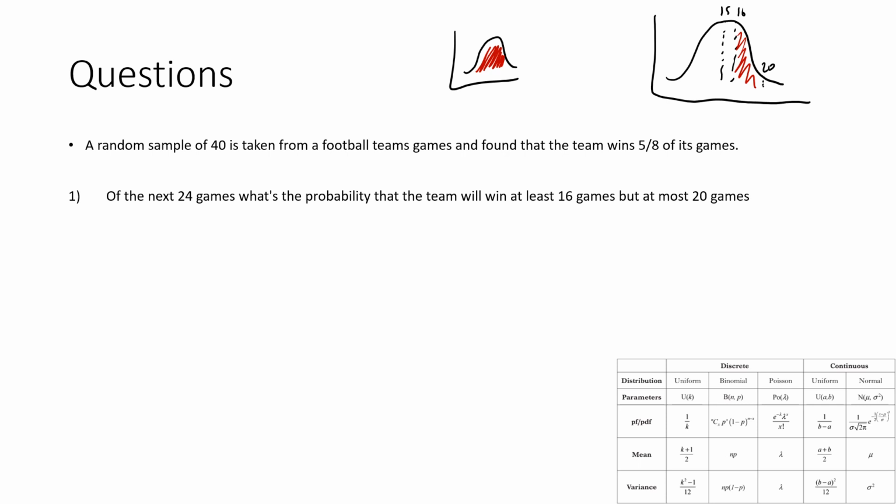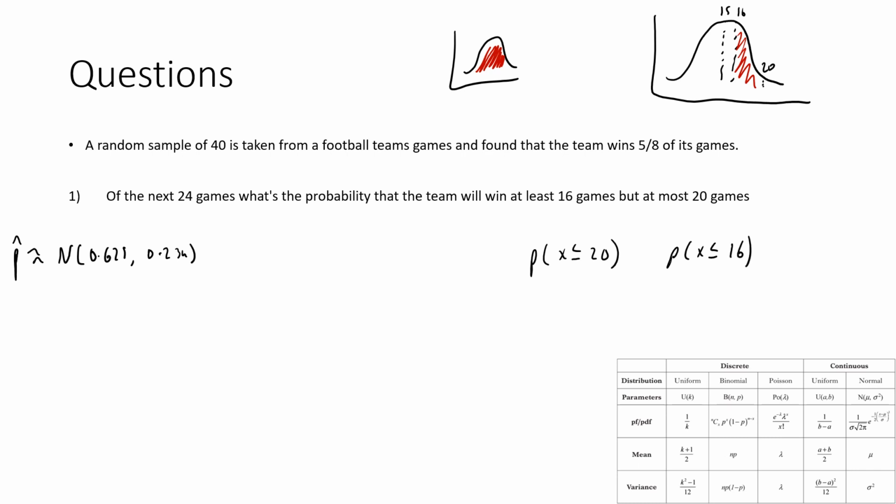So the distribution is the same. P hat is roughly equal to 0.625 and 0.234. What I'm going to do here is find the probability of x being less than or equal to 20, and the probability of x being less than or equal to 16.